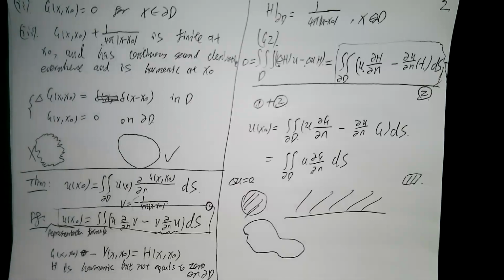In practice, finding the Green's function is doable, but not very easy. You will know that as you learn complex analysis next semester. But in general, it's very hard to find.